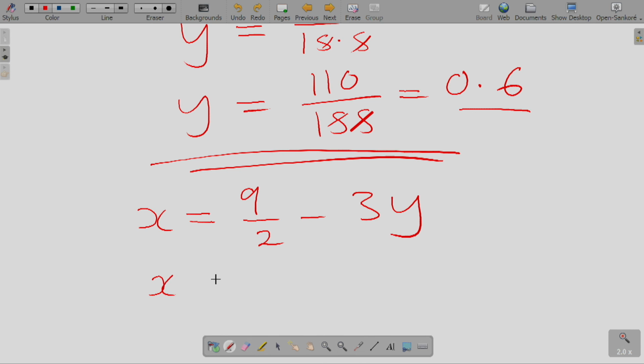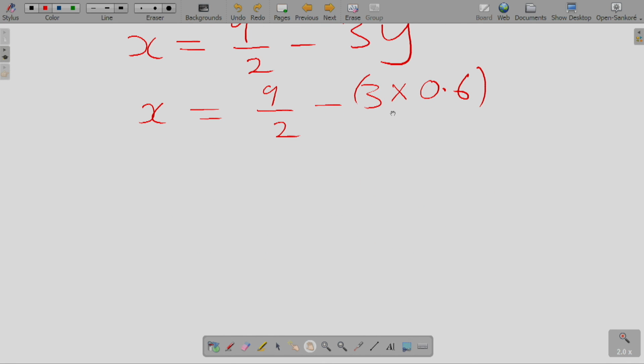So we'll have x equal to 9 over 2 minus 3 times 0.6. So we'll have x equal to 9 over 2 minus 1.8.